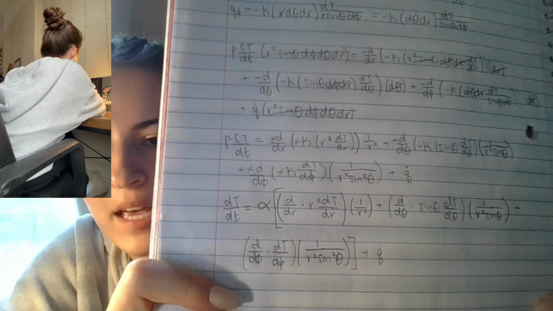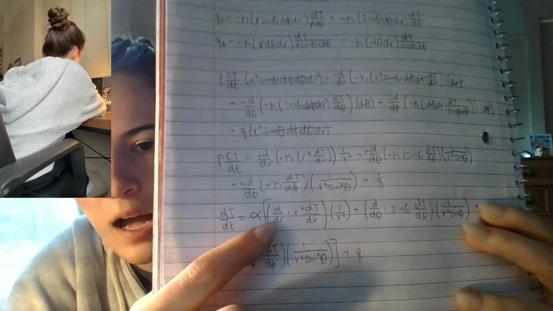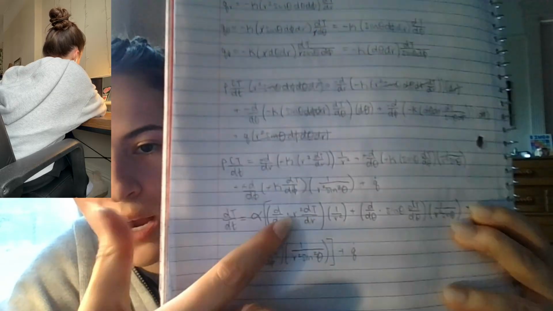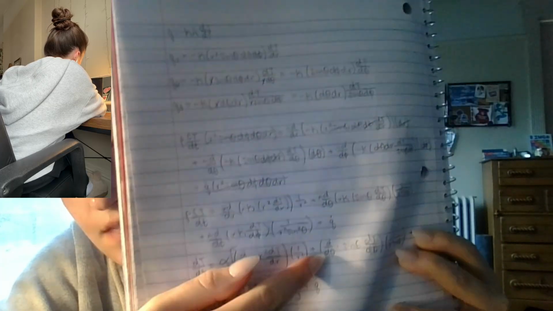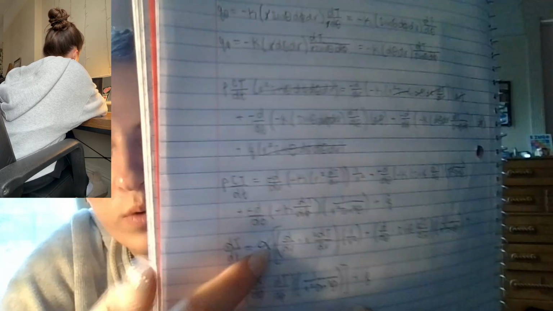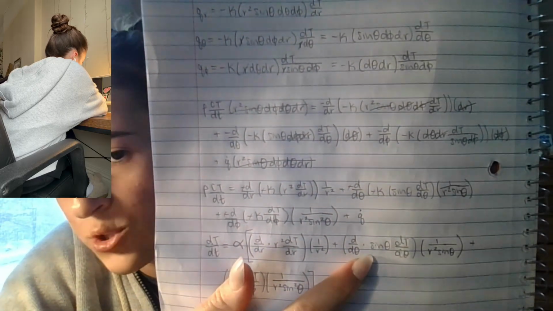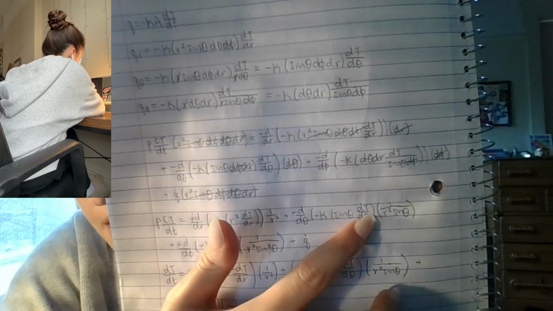We pulled all of our k's out front to turn into the thermal diffusivity here. We can't simplify this into the second derivative due to this r squared, and then that r squared is still from here. And then here, same thing, we cannot simplify this into the second derivative due to the sine squared. This was our leftover here.